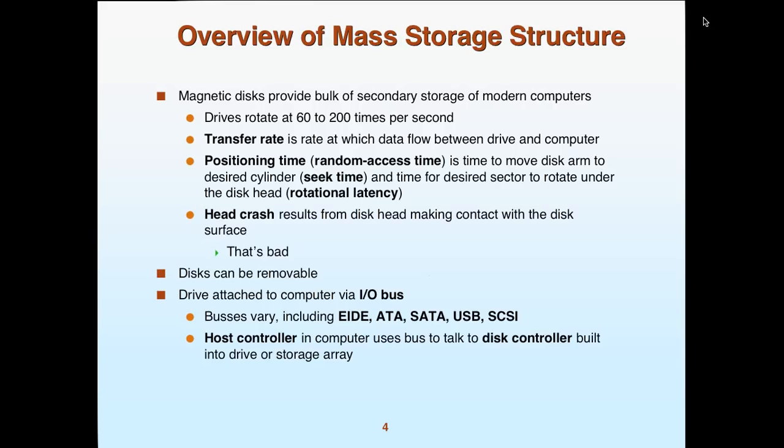These are referred to in the old days as magnetic disks, which provide bulk secondary storage for modern computers. Keep in mind, mass storage is the largest, which is why I guess the word mass comes to it. Also referred to as secondary because it's not primary. Primary is anything on the board, anything close to the CPU: your RAM, your DRAM, your cache memory, registers.